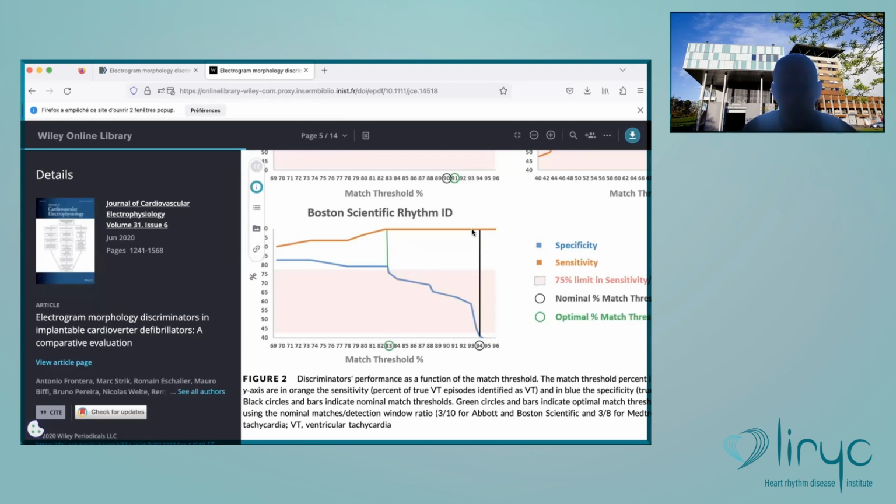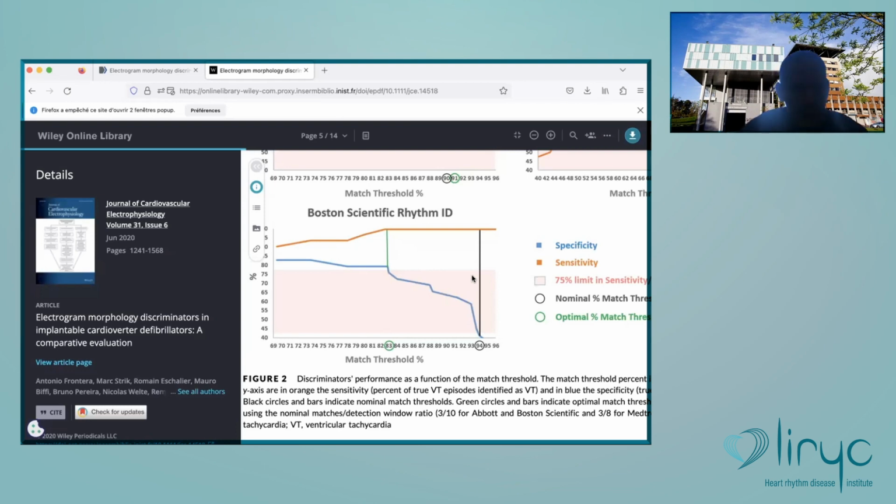But if you compare now the specificity, it was very low at this number. We had something like 40% of specificity. So many episodes of falsely diagnosed VT because of SVT, with inappropriate therapy.